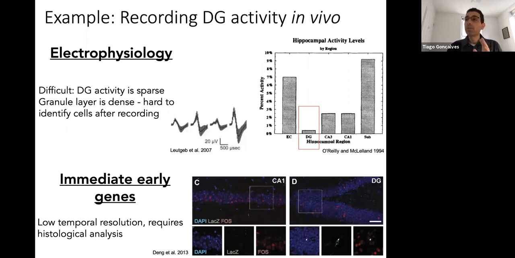So for the longest time, we've struggled to get good activity information about the dentate. And people have resorted to immediate early genes. And that's why you're probably familiar with the whole engram papers and the forgetting papers and the papers with the artificial memories. So these papers study immediate early genes because for a very long time, that was the only tool that you had.